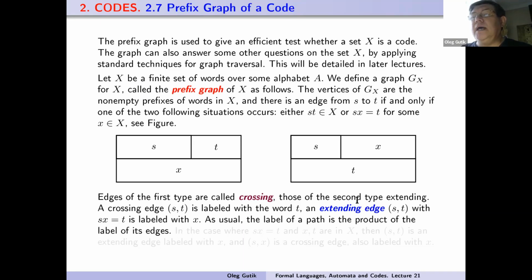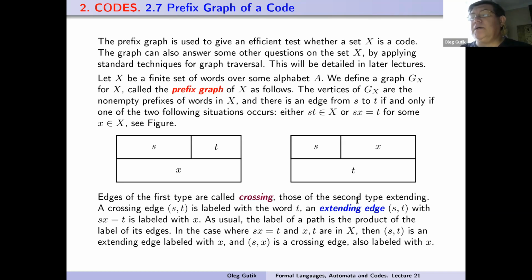As usual, the label of a path is the product of the labels of its edges. In the case where sx is equal to t and xt are in the set X, then the edge (s,t) is an extending edge labeled with x, and the edge (s,x) is a crossing edge also labeled with x.